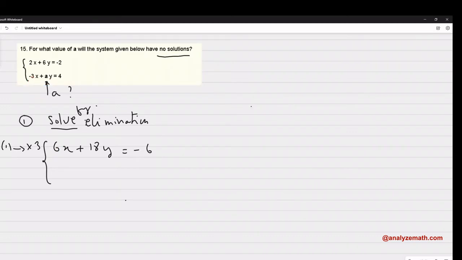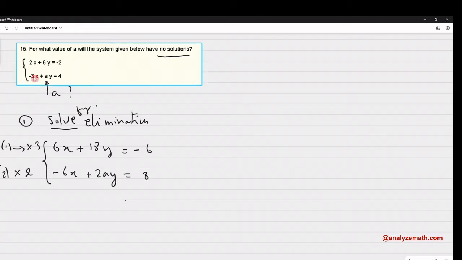So equation 2, I will multiply it by 2, and that will give me minus 6x plus 2ay equal to 8. I multiplied all the terms here by 2. Negative 6, 2a, and 8.